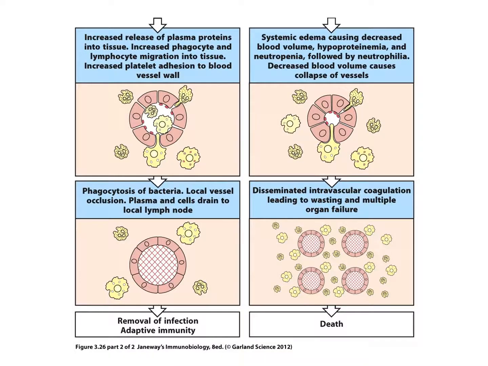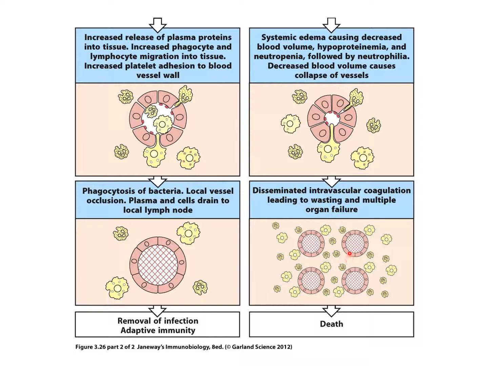So, by keeping things local, you get a local inflammatory response, you will get localized clotting. That'll slow down the flow of blood, increase the inflammatory response in the area, and then you will see that later those clots will be removed and that excess fluid will also be removed.